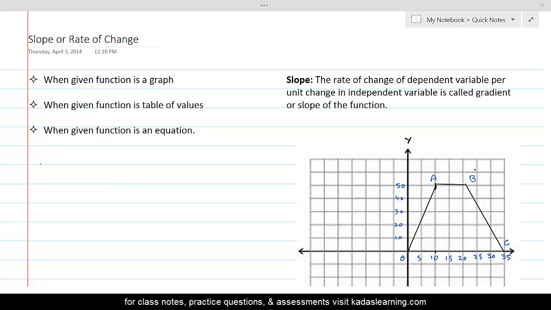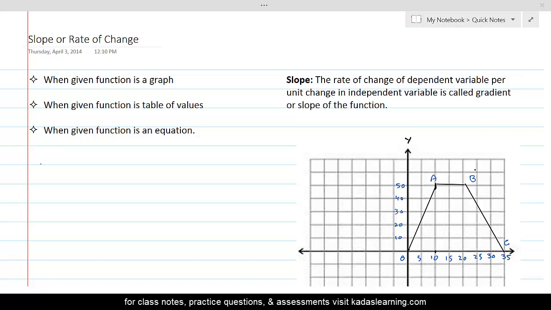Let's first find the slope of the function in graphical form. For this purpose, this graph O to A, A to B, B to C consists of three different segments, and we will find the slope of each segment separately.